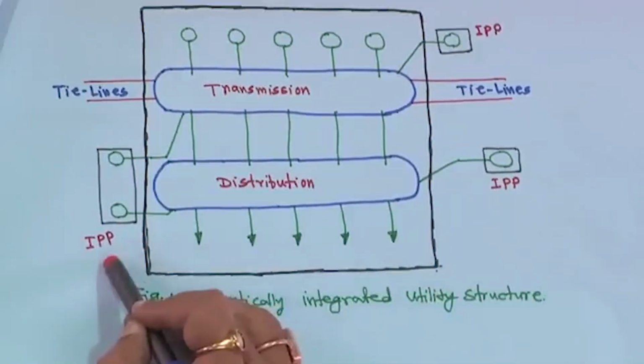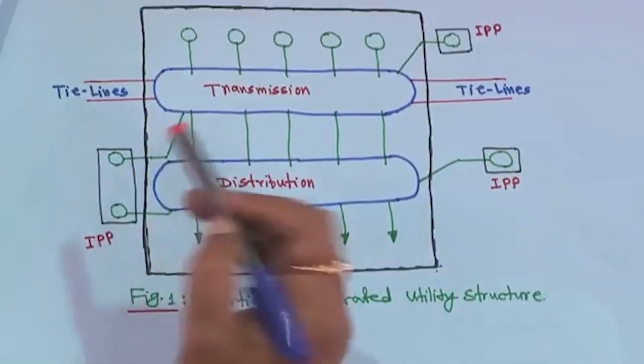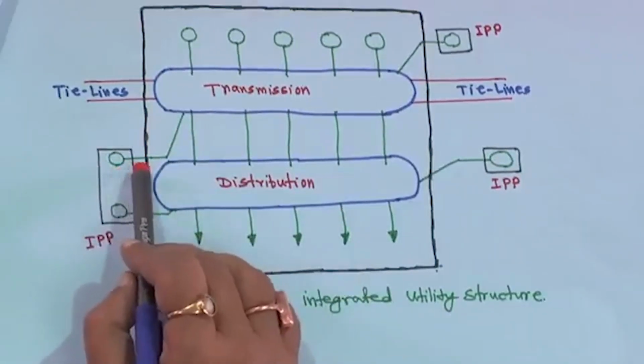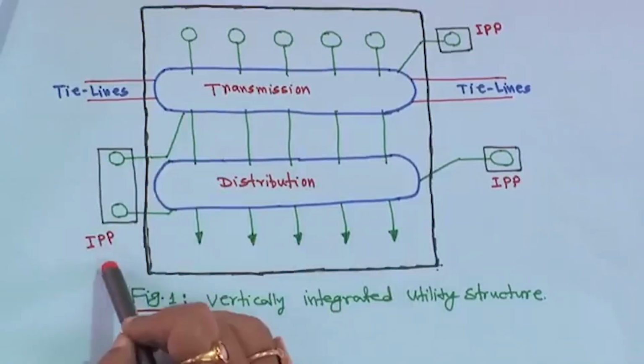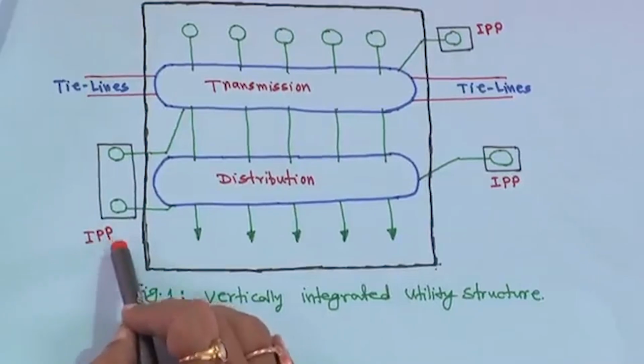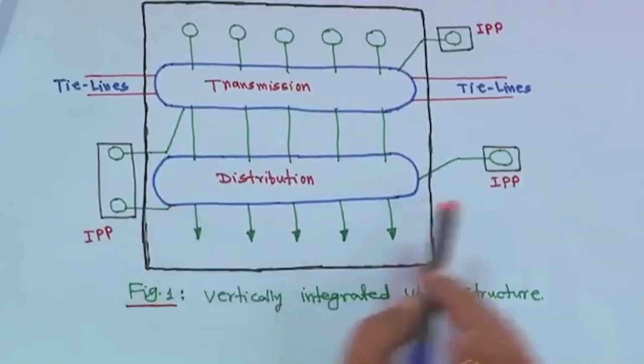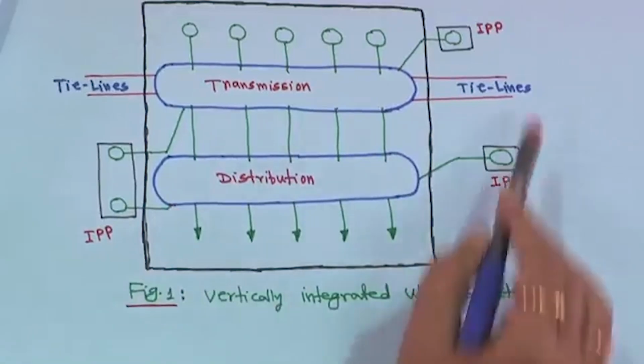And IPP is independent power producer. That means some private parties generating power at high voltage level can be connected directly to the transmission system, and some parties generating power at low voltage level may be connected to the distribution side. This is IPP, independent power producer.